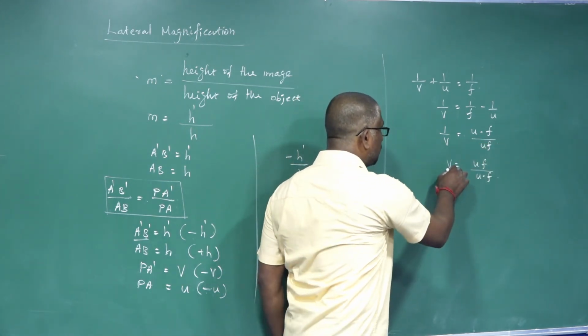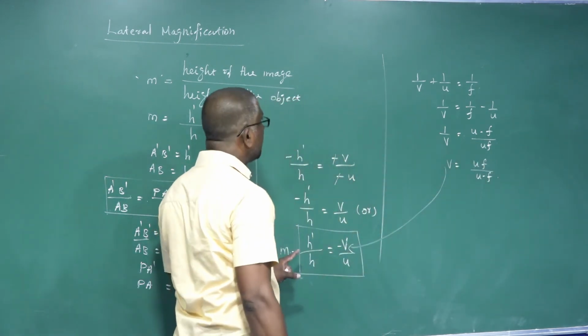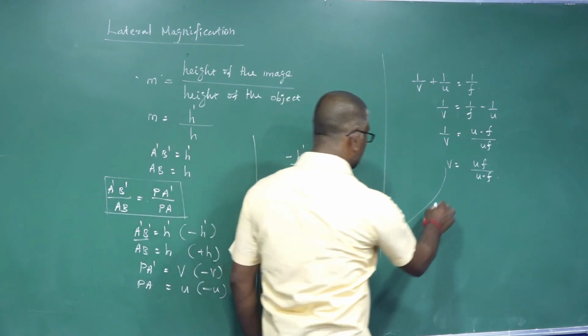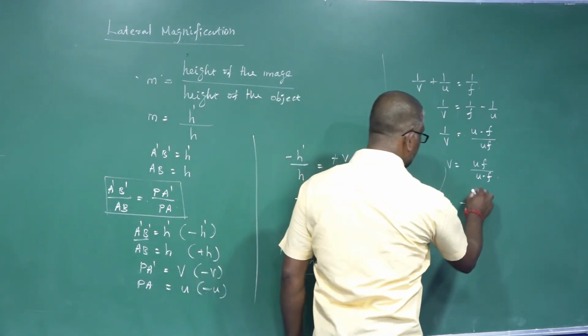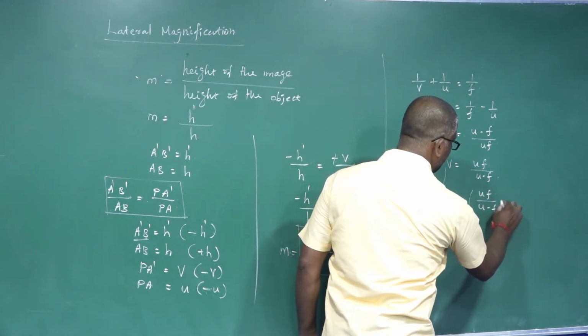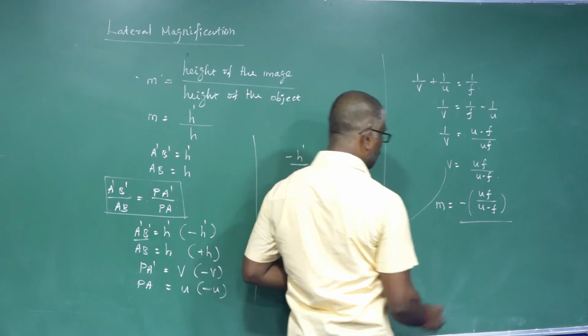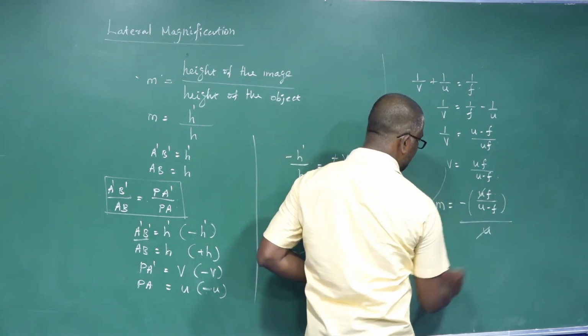Substitute v is equal to uf divided by u minus f here. Then the magnification equation becomes m is equal to minus, instead of v, uf divided by u minus f, divided by u. Right, u cancels.